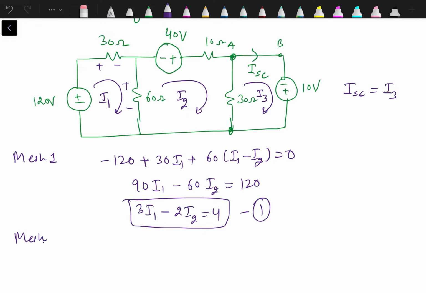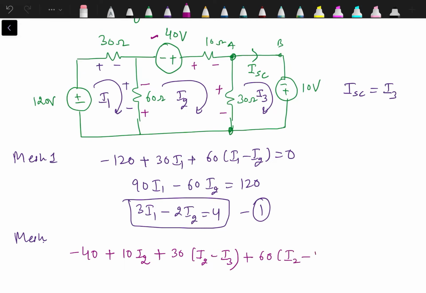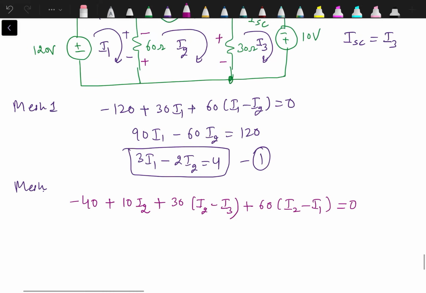Then mesh 2, voltage drop polarity across 10 ohm, 30 and 60. Start with the 40 volt source: minus 40 plus 10 into I2 is the drop across the 10 ohm resistance, 30 into (I2 minus I3) is the voltage drop across the 30 ohm, plus 60 into (I2 minus I1) is the voltage drop across the 60 ohm resistance.